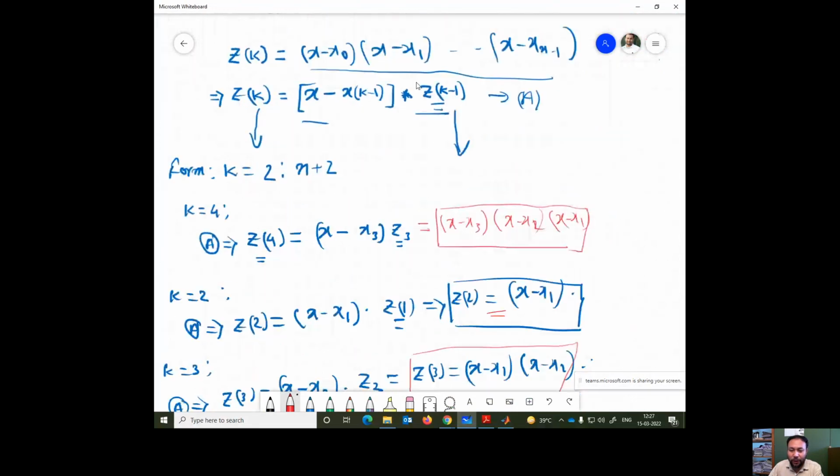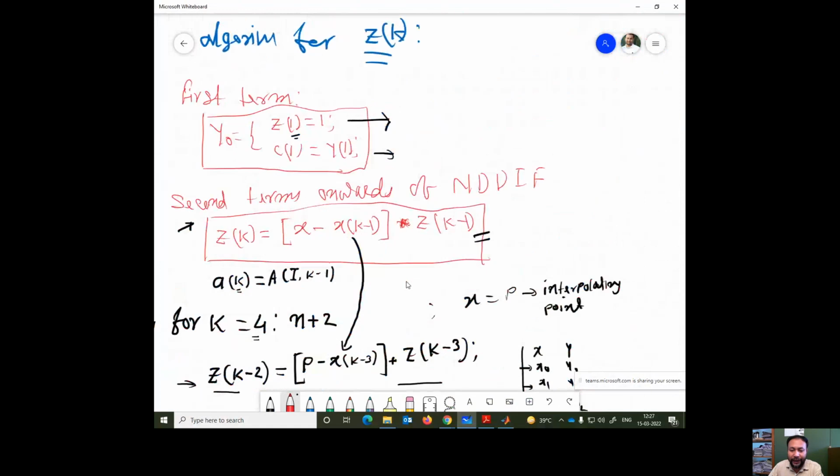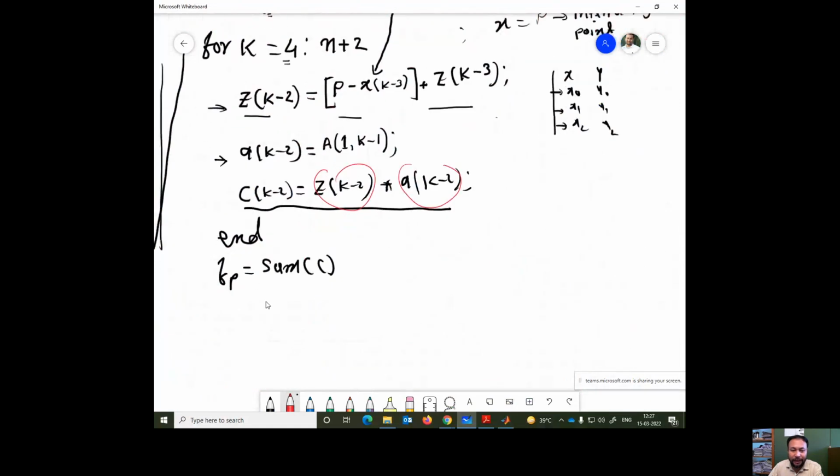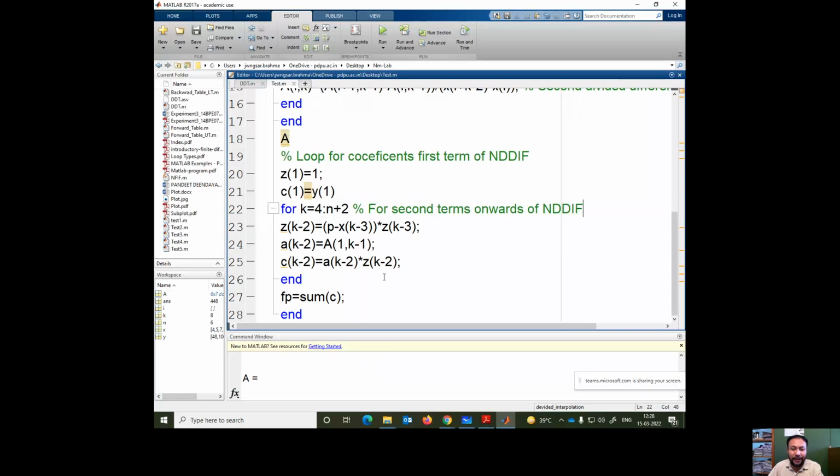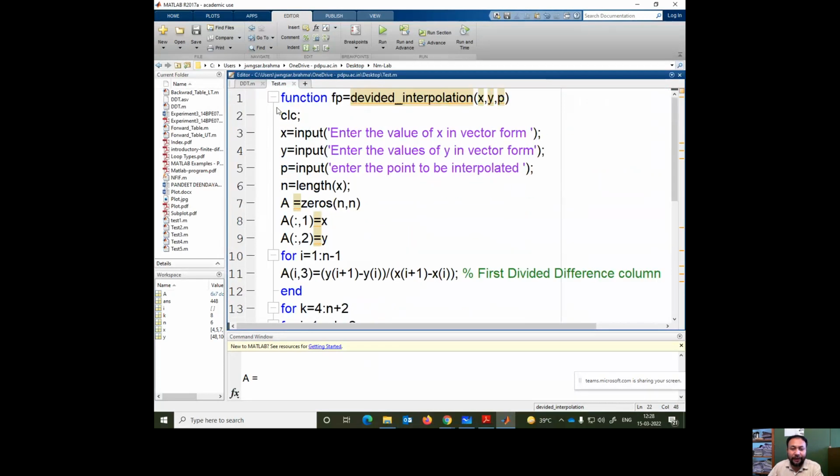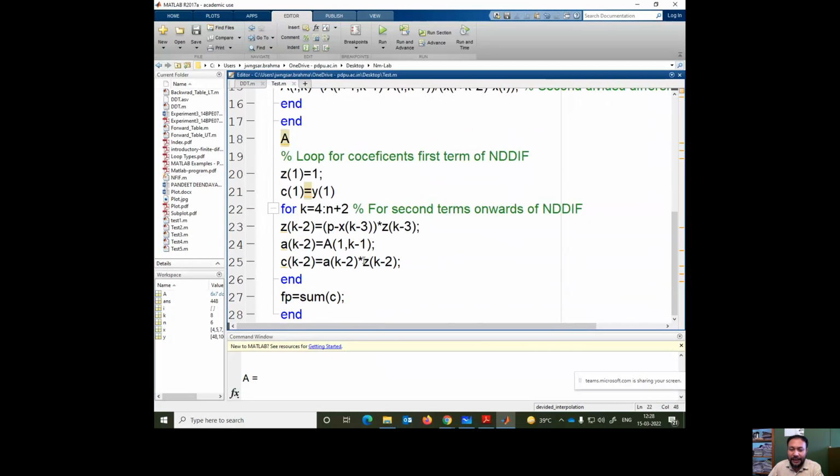So I have to end this one after the sum. And finally, after the sum I have to apply the function fp. That's why the last result will be fp is equal to sum C. What is C? This is the product of A and Z, and I can get it finally.